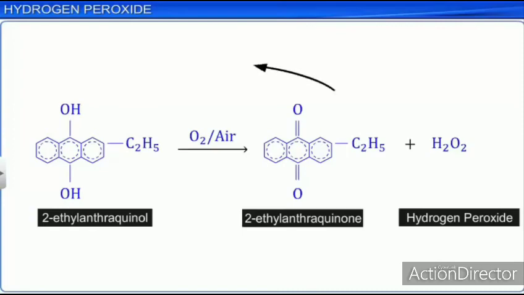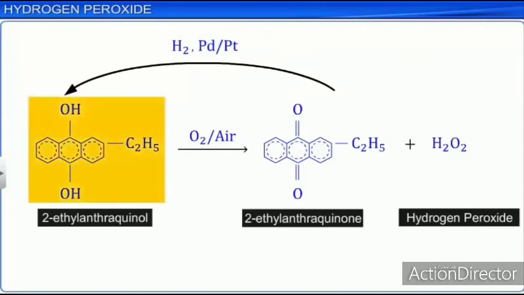For this, hydrogen under pressure of 1 to 3 atmospheres at 4 degrees centigrade is passed over 2-ethyl anthraquinone. This gives back 2-ethyl anthraquinol, the reactant. This reaction gives a dilute solution of hydrogen peroxide. It is then extracted with water and the solution of the required concentration is prepared.